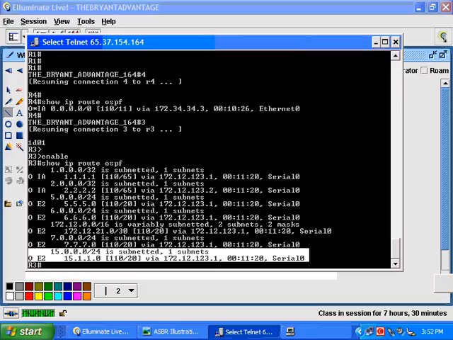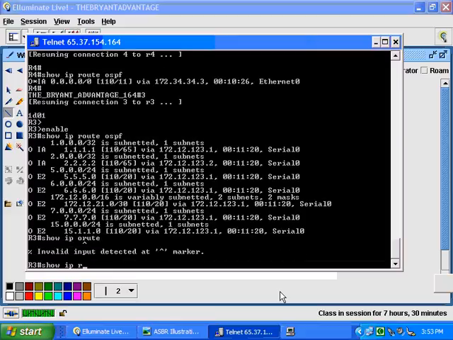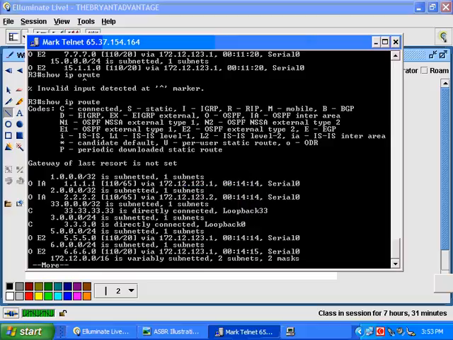These are external routes, and router 3 has a path to them, but they're marked as E2 routes. This is the default setting. By default, OSPF marks routes learned via redistribution as E2. As we can see by running show IP route, the default is E2, and the other option is E1.